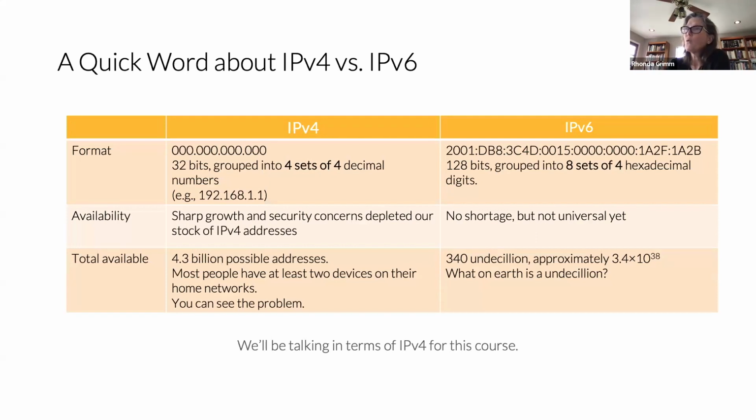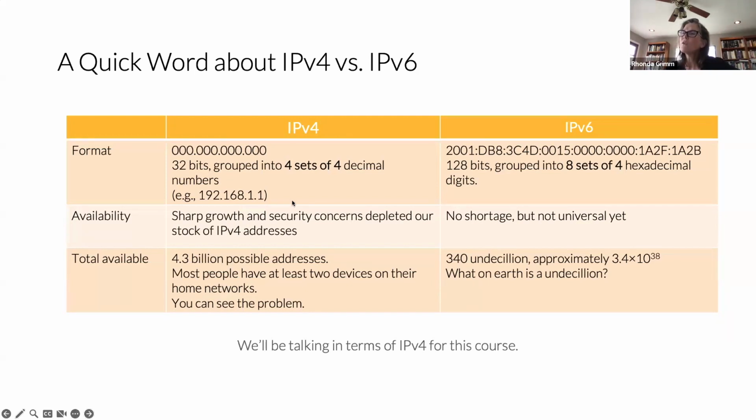But just real quick, you'll hear IPv4 and you'll hear IPv6, and basically it has to do with the format. IPv4 addresses are 4 octets. You can see it expressed as 192.168, and this could be triple digit, that could be triple digit.